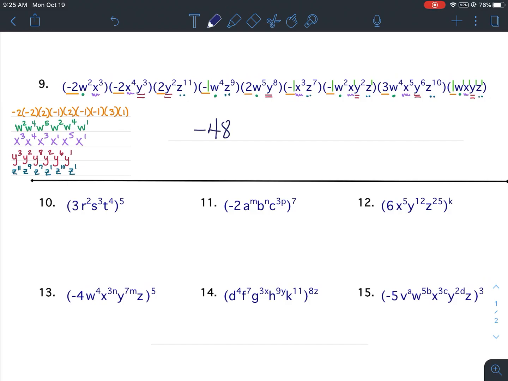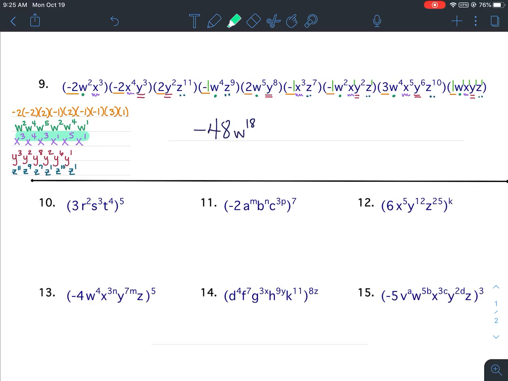I multiplied all of those numbers together to get my -48. Now I'm going to be adding all of these exponents. So 2 plus 4 is 6, plus 5 is 11, plus 2 is 13, plus 4 is 17, plus 1 is 18. So we've got W to the 18th.